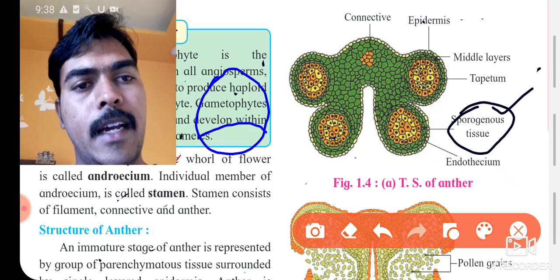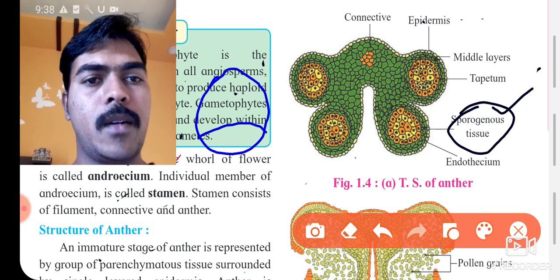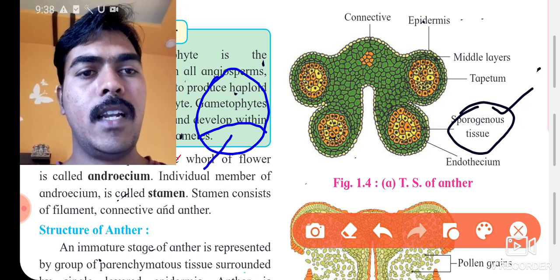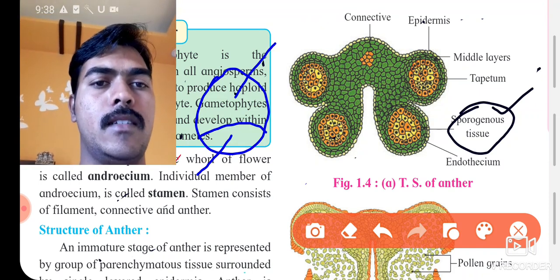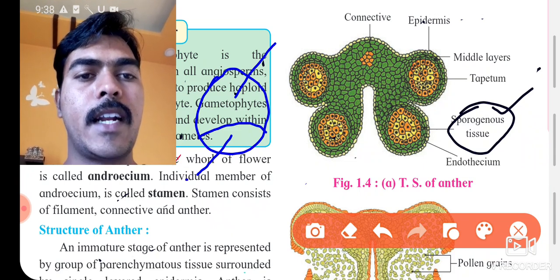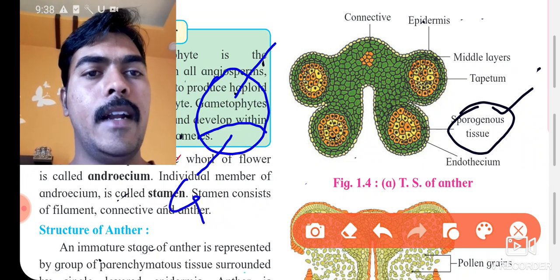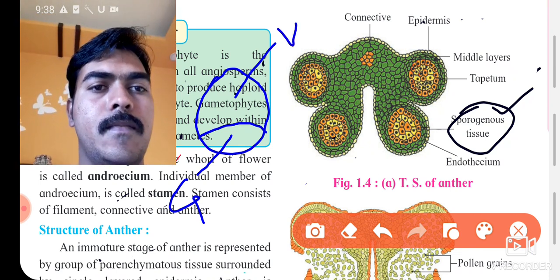And this division is unequal. So during mitosis, one cell becomes smaller, another cell becomes larger. The smaller cell is called as generative cell and larger cell is called as vegetative cell.